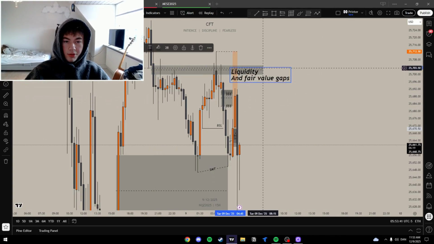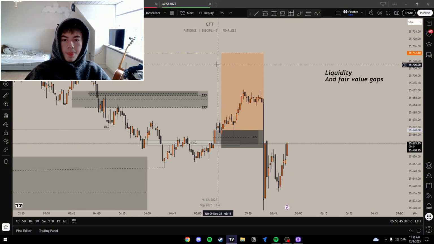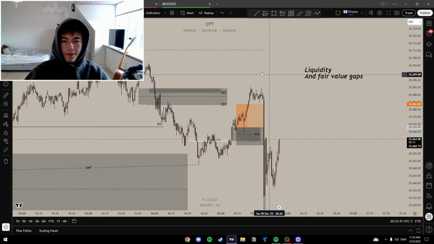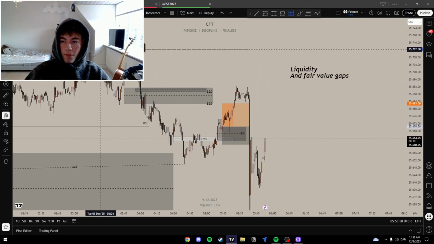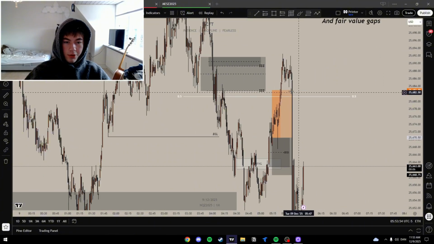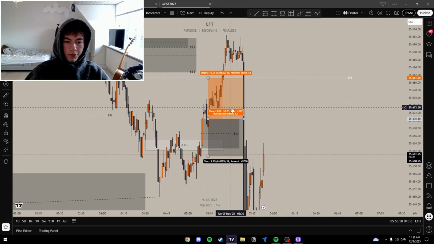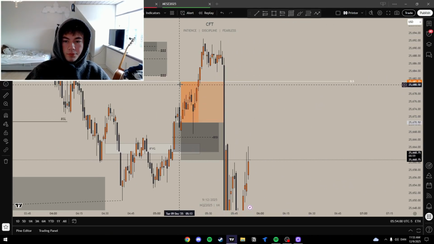So we are in a downtrend. I'm just looking for a piece of the pie, the retracement up to the fair value gap, and it also aligns perfectly with EQ of the range as well. If you wanted to just target a 1-to-1, you could just target the EQ of the range.